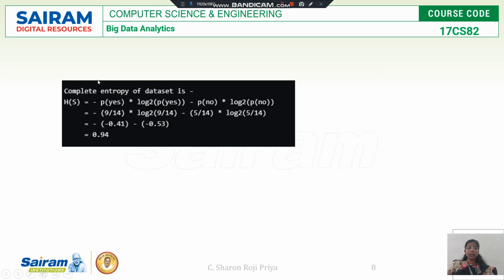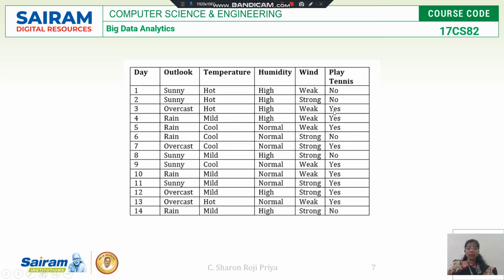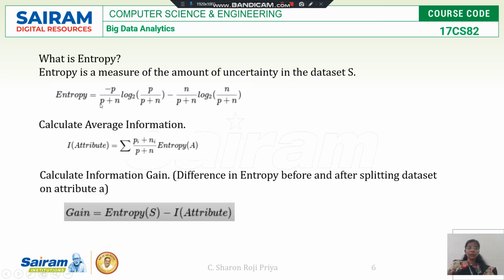So you calculate the entropy of the complete data set. My first aim is to find the root node. To calculate the root node, the first step is to calculate the entropy for the complete data set. Hope you remember the formula for entropy. Entropy is equal to minus P by (P plus N), where P is the positive samples. How many were there? 9. So 9 plus 5, it is 14.